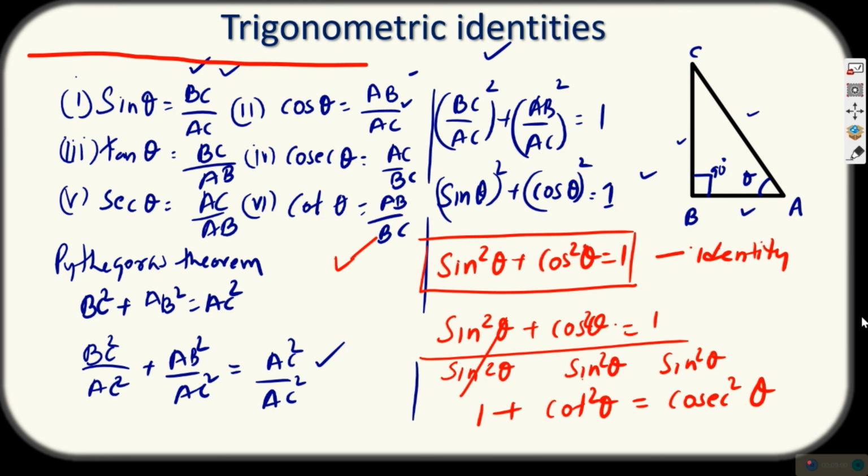So we developed an identity out of sine square theta plus cos square theta is equal to 1. We can call this a new identity: 1 plus cot square theta is equal to cosec square theta.